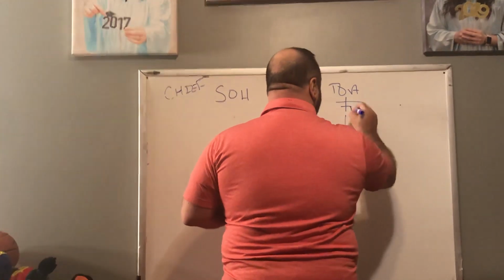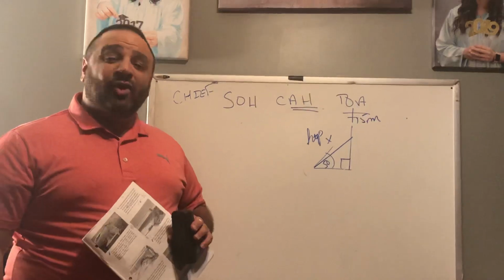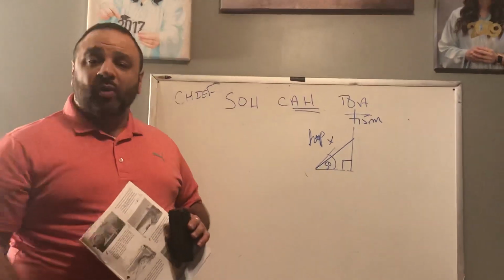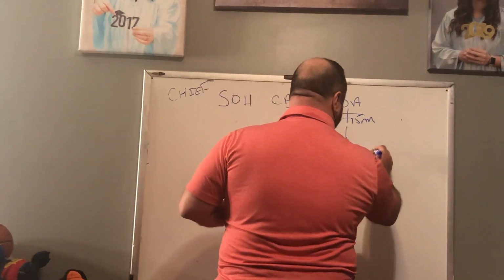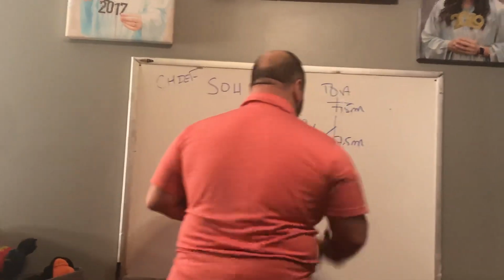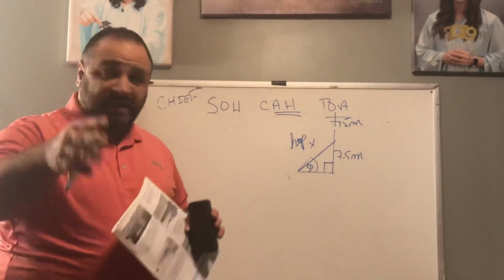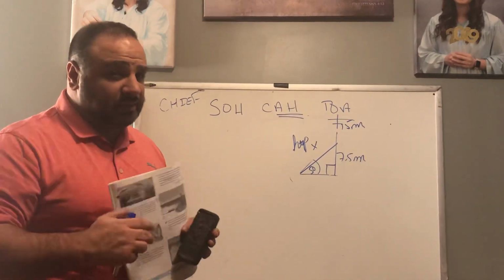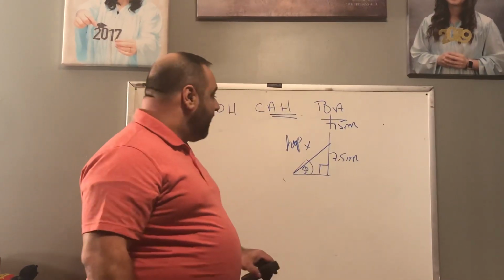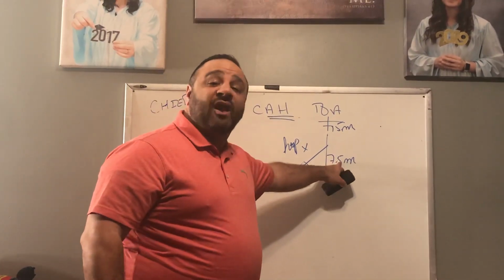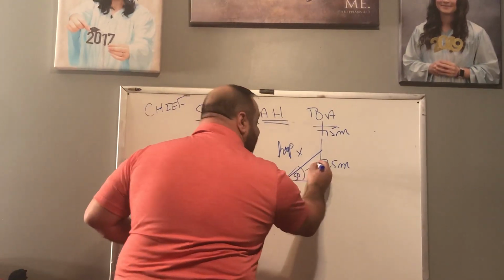The support wire's in the middle. How high is the support wire? It is 7.5 meters. Now, stay with me. We have the hypotenuse and the side opposite of the angle. You see that, class? Here's the angle. That's the side opposite.